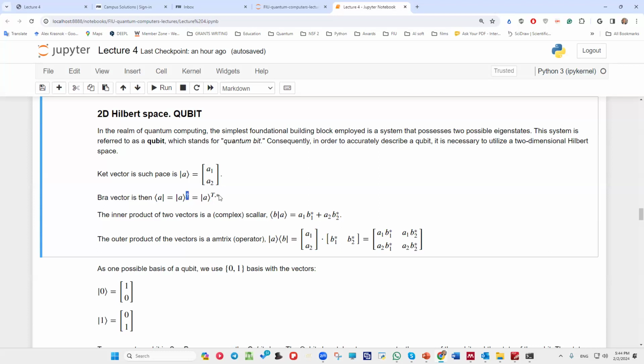Dagger is a double operation: transposition and complex conjugation. We combine these two operations in one single operator called dagger. The bra vector is the dual vector to the ket vector, and we get the bra vector by applying dagger to the ket vector.